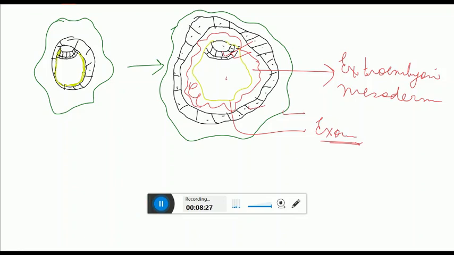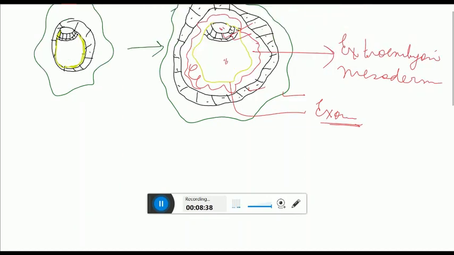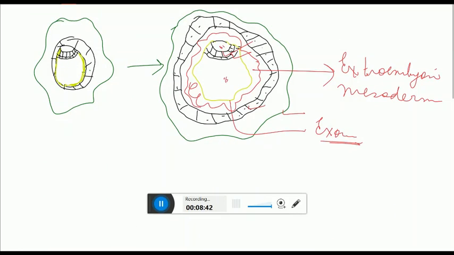We have here, you can see now, they have two cavities. We will see what will happen with these two cavities. These two cavities, which will develop into which part of the embryo. Now, what will happen? This trophoblast layer will get differentiated into extra embryonic ectoderm.